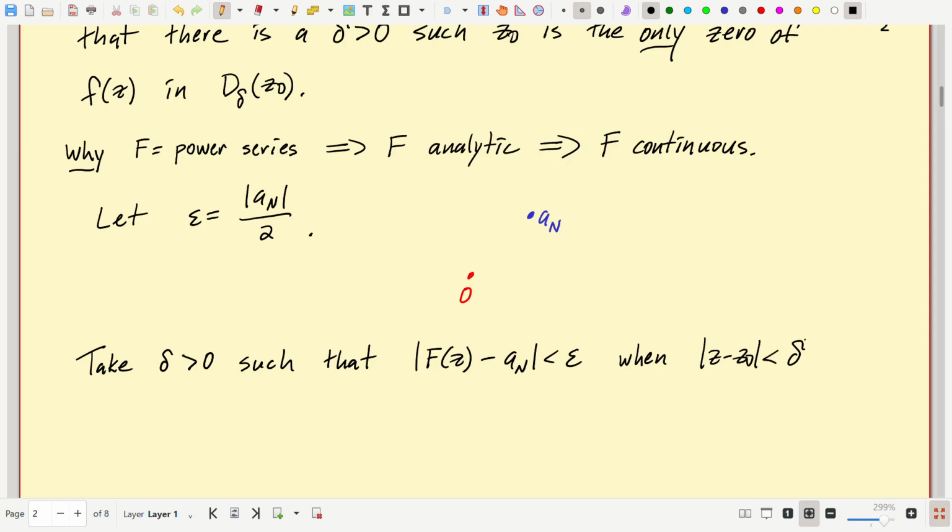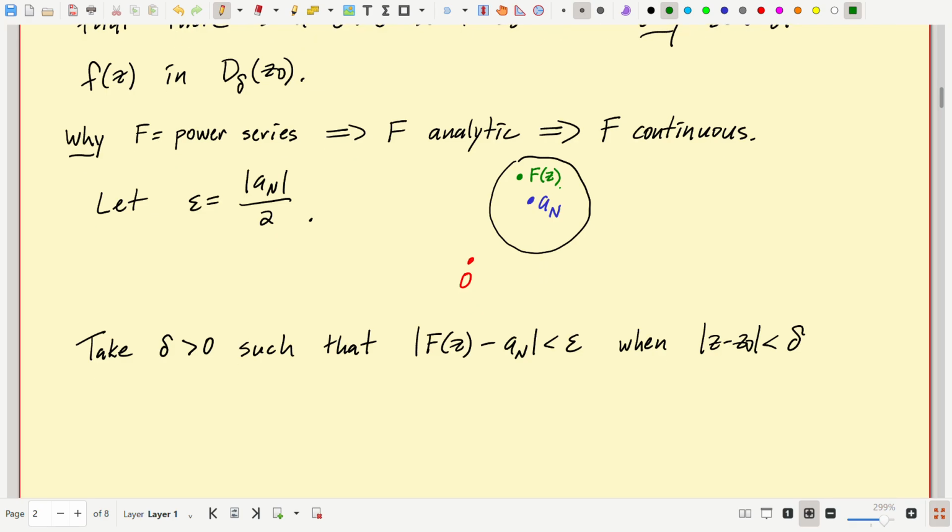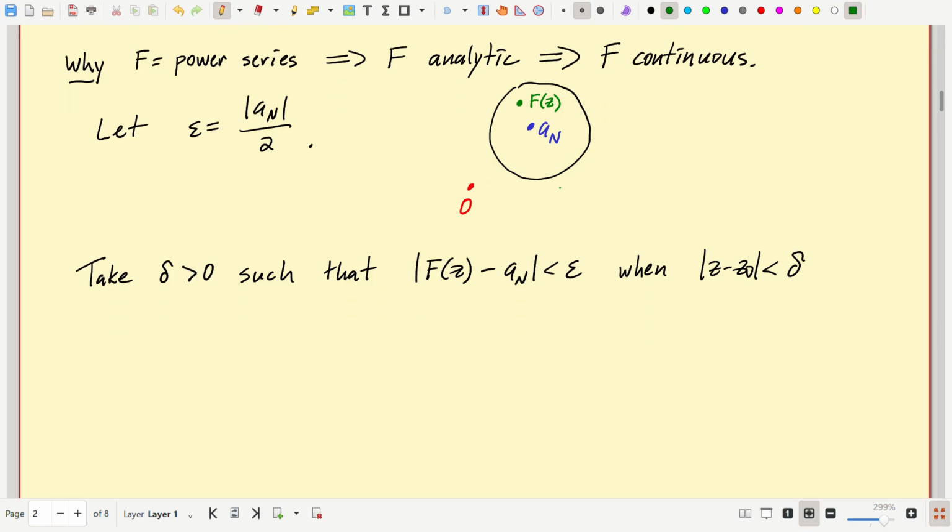Okay, so in the picture, the epsilon there would be half. It would be this distance here. That's half the distance to 0. And so if capital F of z would be in here somewhere, within epsilon over 2 of A_n, that means it's staying the heck away from 0. So you see that when that happens, capital F of z is nowhere near 0.